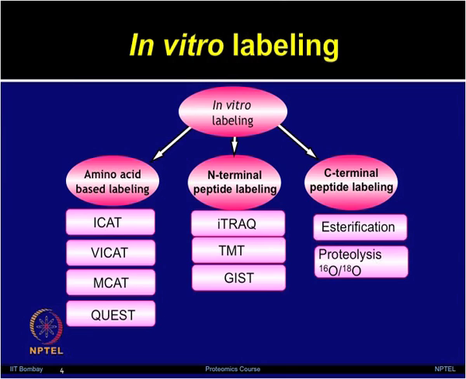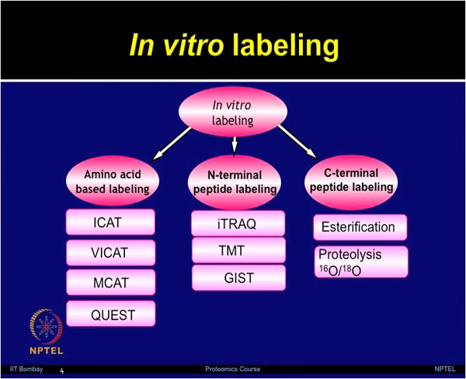In the amino acid based labeling, there is ICAT, or isotope coded affinity tag. There are other amino acid based labeling methods as well, such as VICAT, or visible isotope coded affinity tag, MCAT, or mass coded abundance tagging, and QUEST, or quantitation using enhanced signal tags.